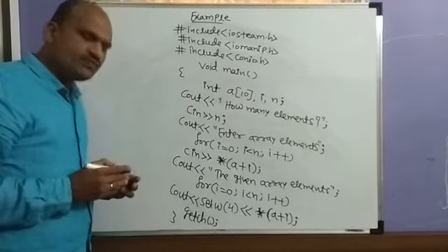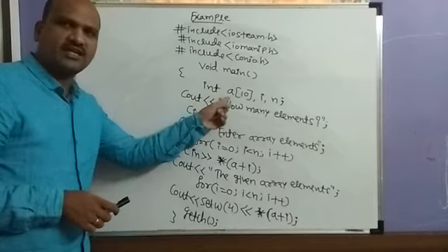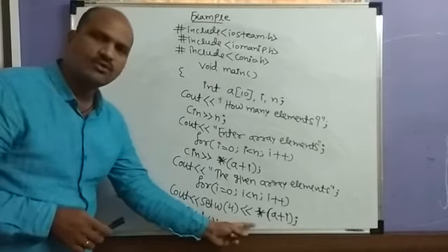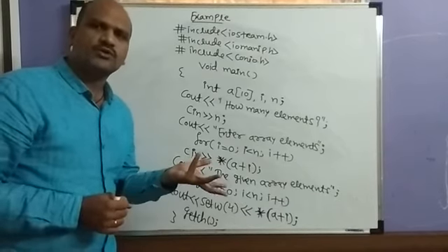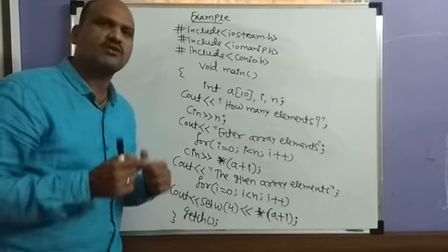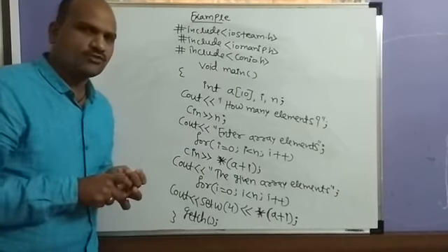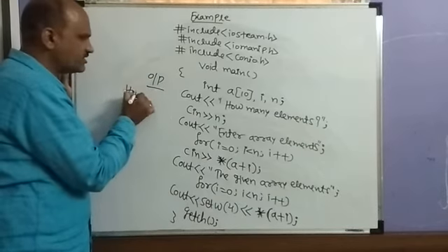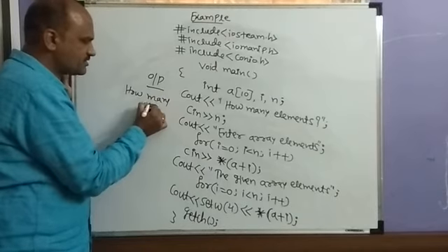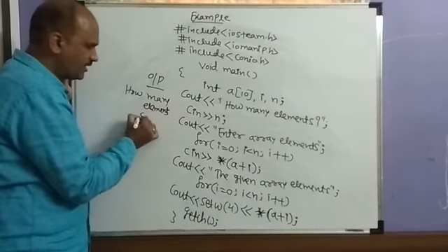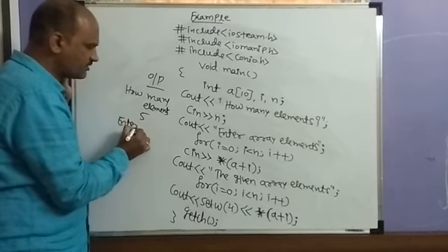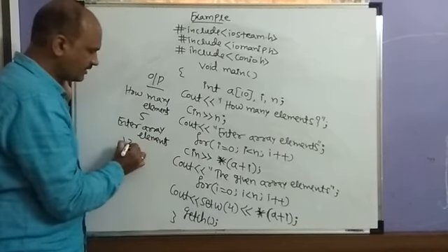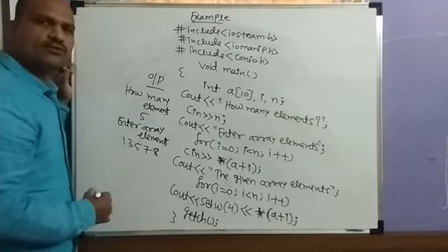So here we are using the pointer with the array. The array is declared; to read the elements we use the pointer, and to print the elements we use the pointer. If you want to find the address, then you use the address-of operator. Now the output: first it asks how many elements. If I write 5, it says enter the array elements, and I enter the 5 elements.